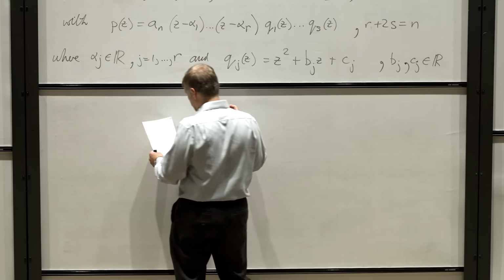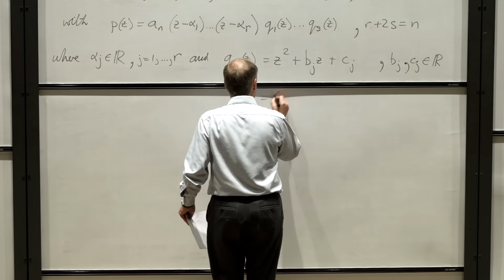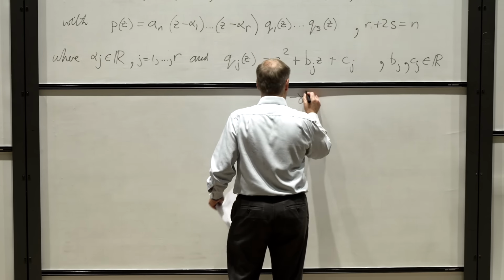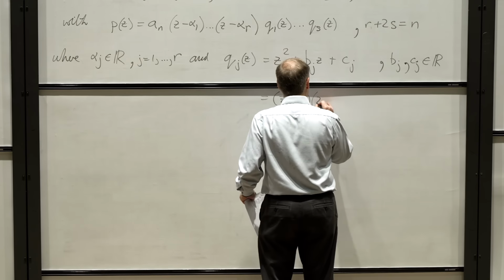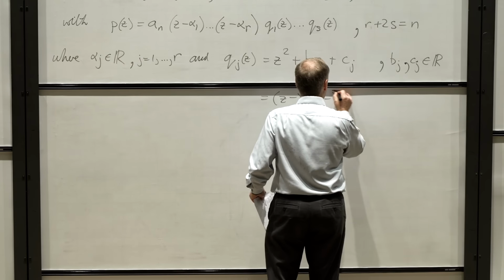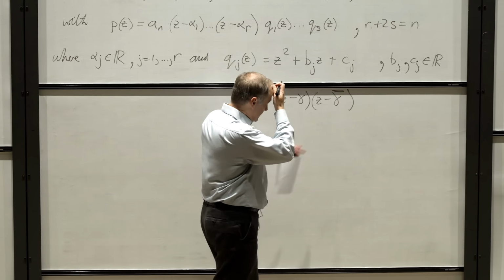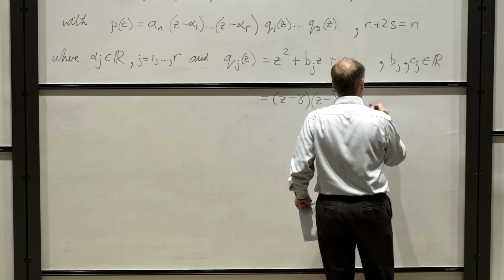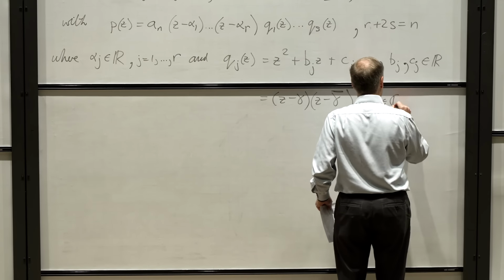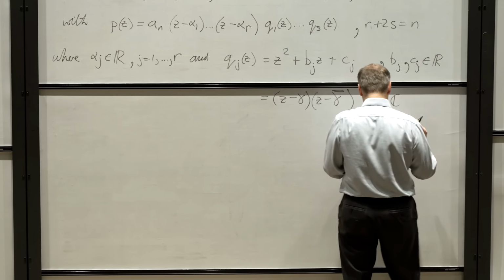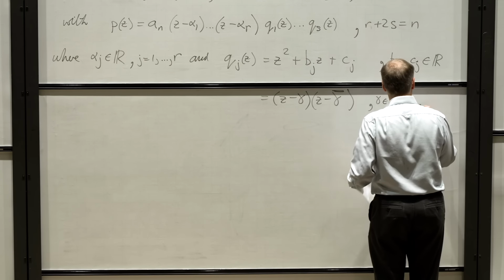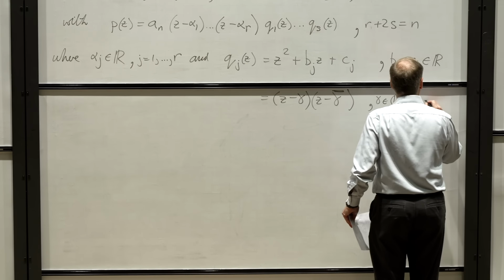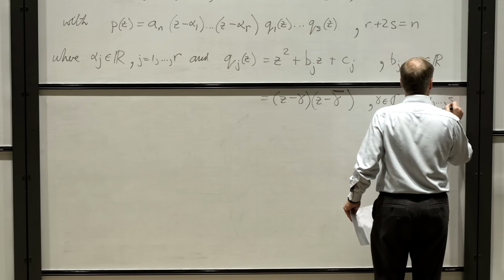And these things are also equal to z minus gamma and z minus gamma bar. So this is the conjugate of this guy. No, sorry, gamma and gamma bar, that's right. And this is all true for j equals 1 up to s.